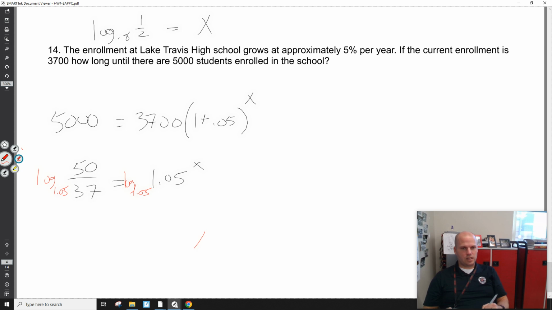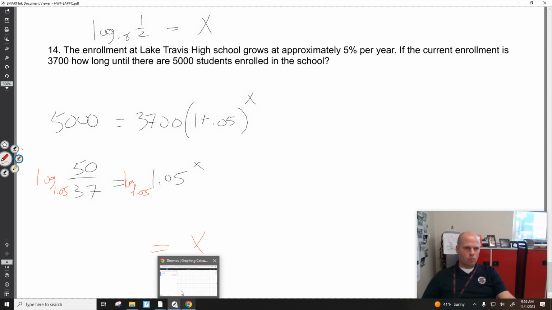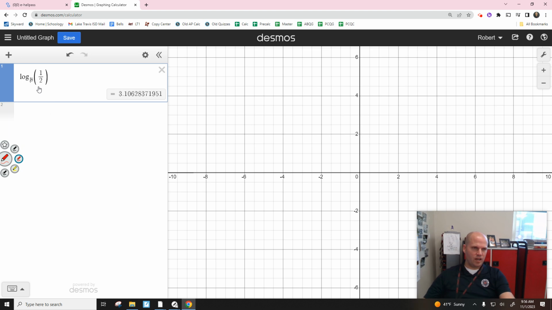And let's see. This is another real world situation with a real world answer. What is the log base 1.05? How do I get this log base in Desmos? If you're ever doing this at home, for log, you type in shift and the dash next to 0, and that's like an underscore. So it's like a shortcut.